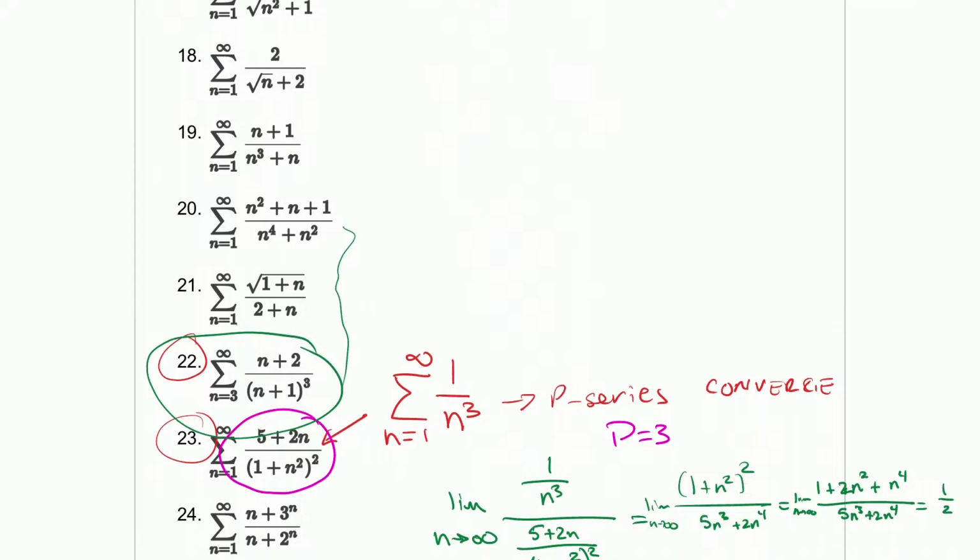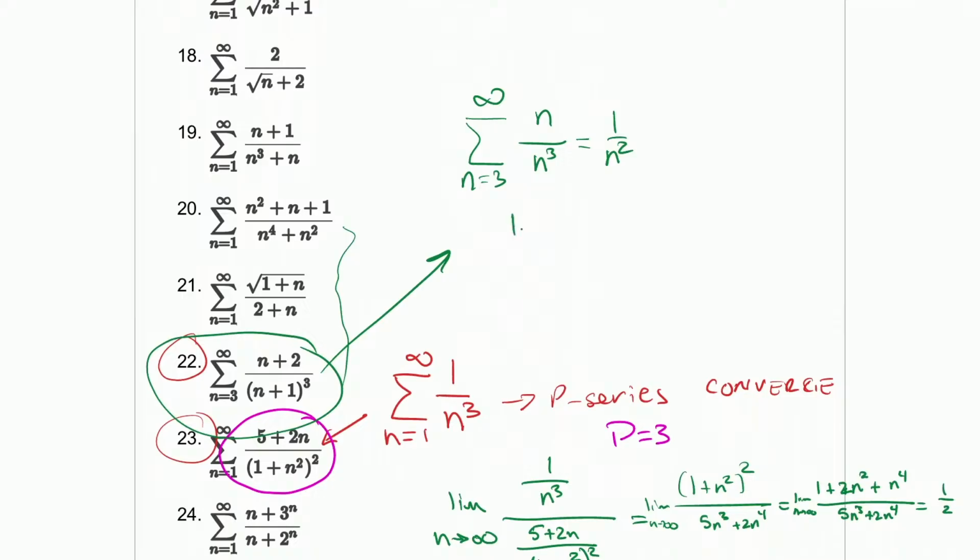So here, this one, we're going to compare this to this. I've got n cubed on the bottom, n on the top, our friend 1 over n squared. That's what I want to compare this to, because I use the biggest term on the top and the biggest term on the bottom, which is n cubed.